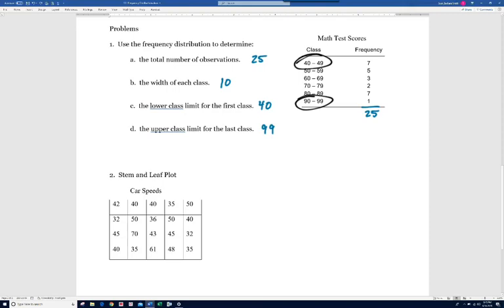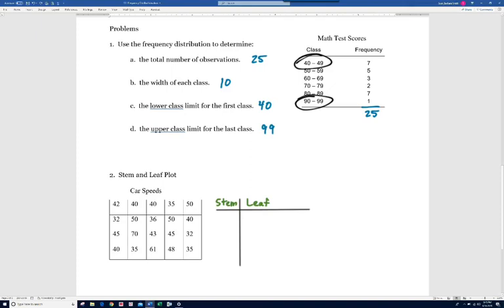So we're going to go ahead and put together a stem and leaf plot. You start by setting it up like this. Notice each of these numbers has a number in the tens place and also in the ones place.